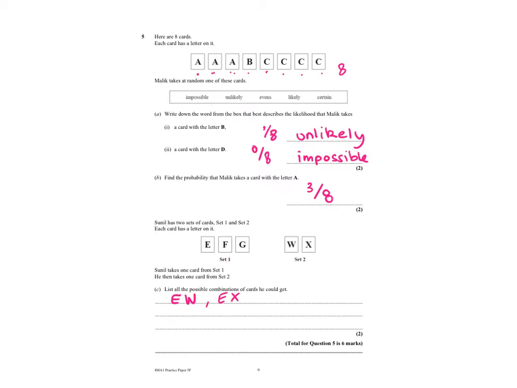There's no other possible ways now with E, so I'm going to move on. If he takes an F from 1, he could take a W from 2. If he takes an F from set 1, he could take an X from set 2. There's no other ways now. And then the same with G, he could take a W, and if he picked G again, he could take an X. So there are a possible of 6 combinations.